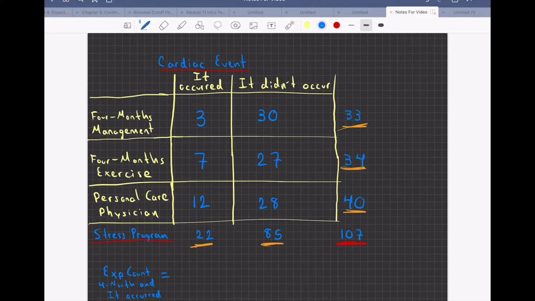How do we compute this? You are going to multiply the total in the row, for 4 months, the total is 33, times the total for the column where this is, it occurred, 22, and divide by the grand total, 107.